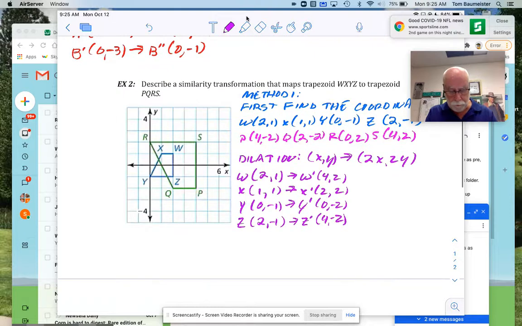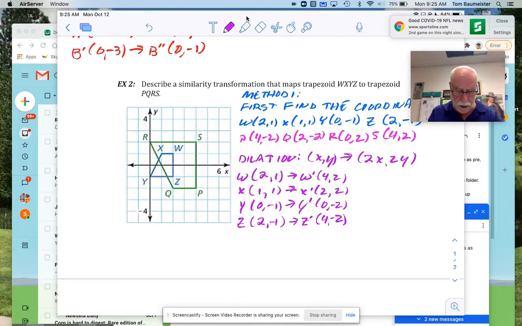All right. So then we know if we look at these, like W prime, I have 4 and 2, but I need 4 and -2. So what you should recognize there is that we're going to be reflecting it, okay? It reflects in the x-axis.